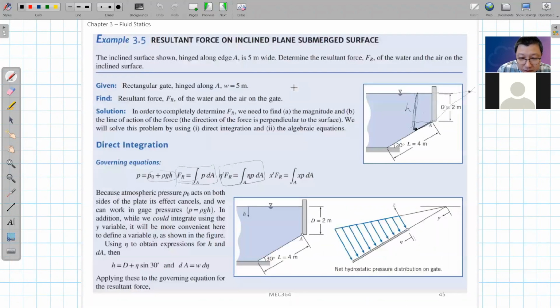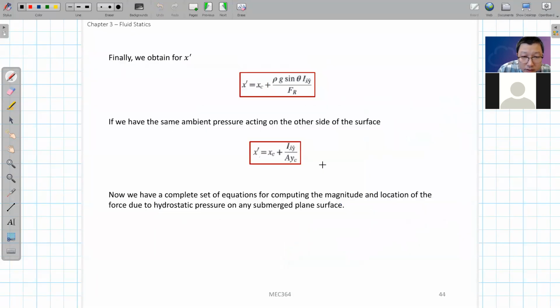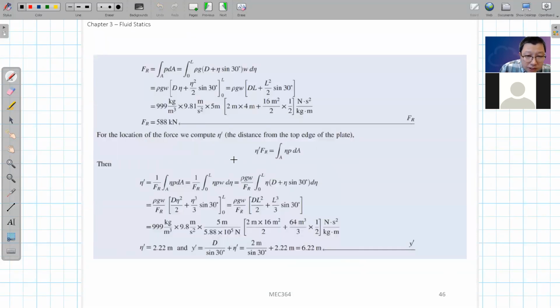We can use this to calculate the eta prime value, the point of application in the y direction. And in the x direction, using the moment balance, x prime times FR will be equal to the integration of x p dA.